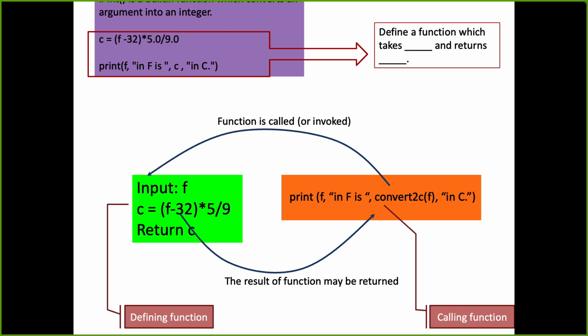So this is the function definition. Okay, and this is the call within this print statement. If this is the function called convert to C, that function name with open and close parentheses, and whatever the variables, whatever the value that we call with, the entire thing is the invocation.